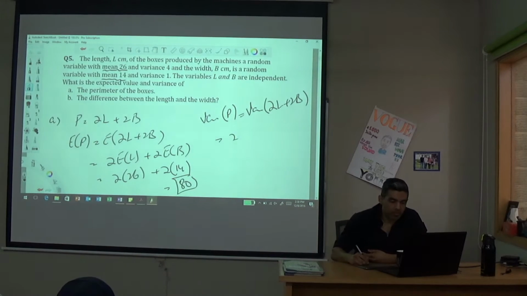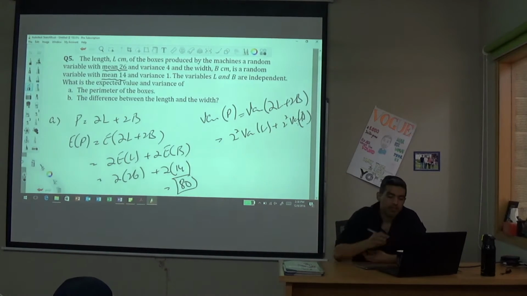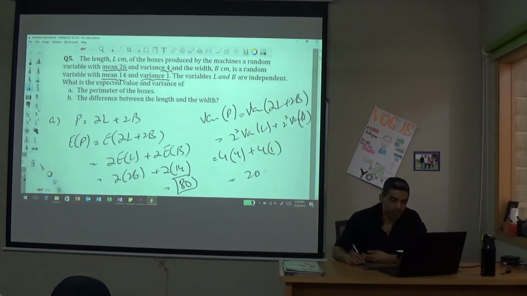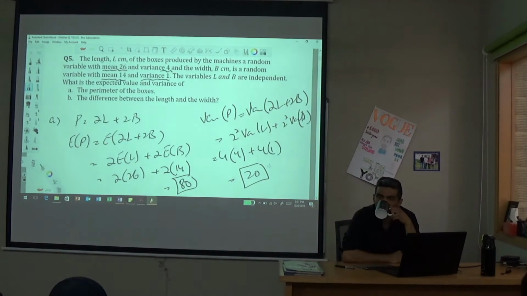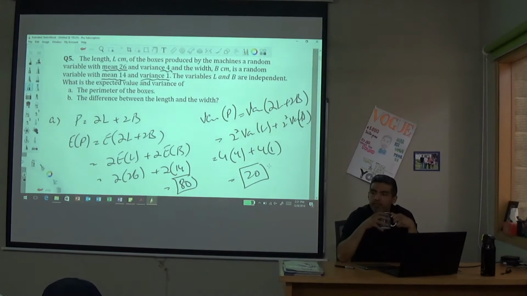So it will turn out to be 2 squared variance of L plus 2 squared variance of B. And that would be 4 times 4 plus 4 times 1, which is 20. Are we all okay till here?